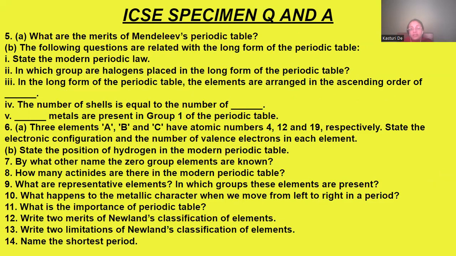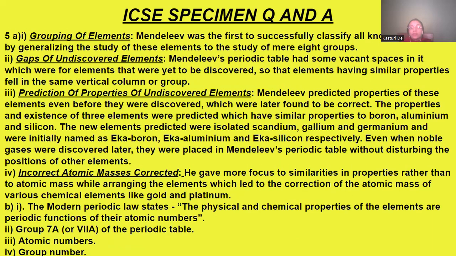The number of shells. In the long form of the periodic table, the elements are arranged in the ascending order of atomic numbers. The number of shells is equal to the group number. The elements which have 2 shells will be in the second group, like that.